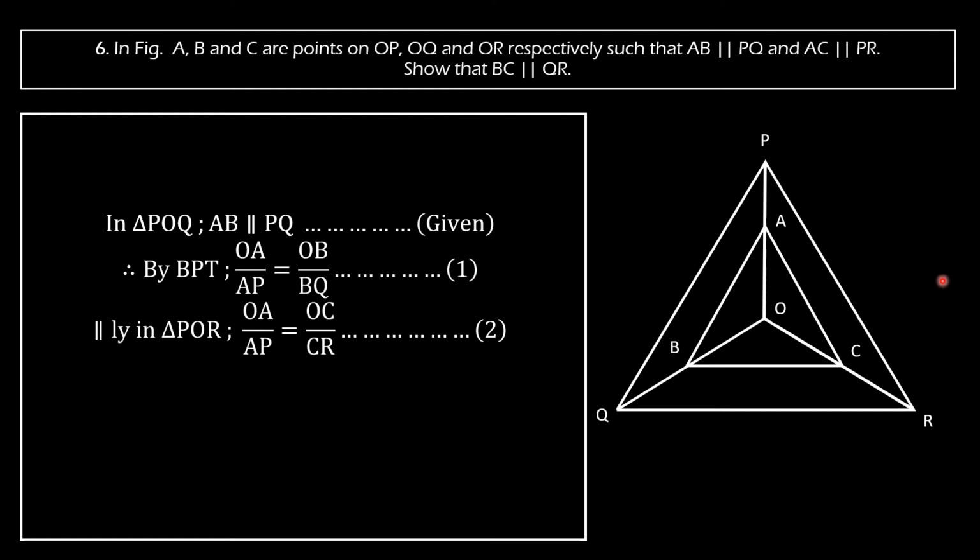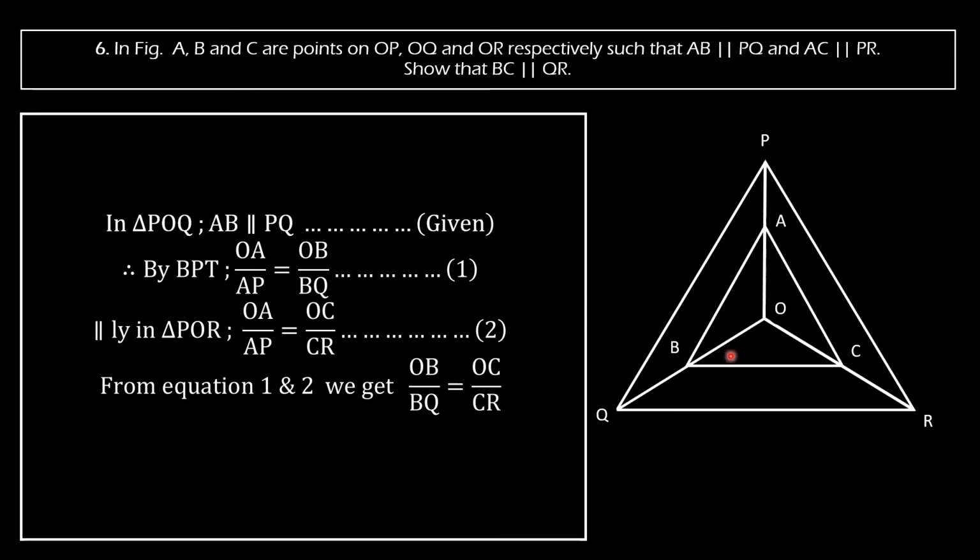From these two equations, the left hand side is the same, OA upon AP is equal to OB upon BQ as well as OC upon CR, which gives us that OB upon BQ is equal to OC upon CR.